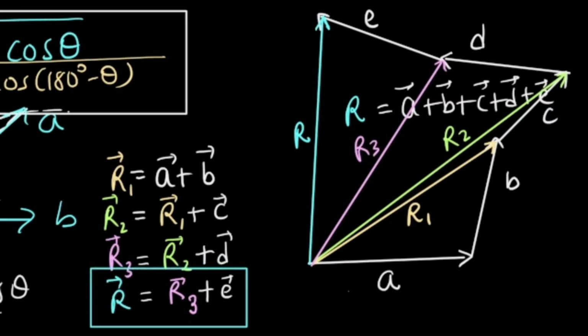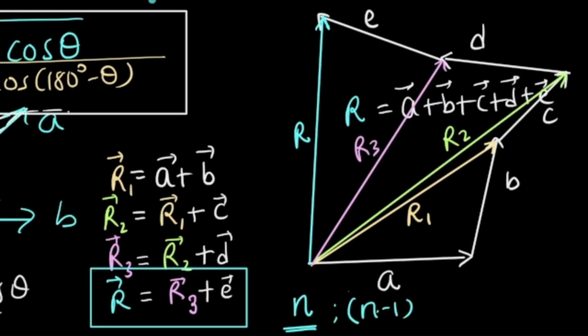So you can see that the Polygon law of vector addition is basically the triangle law done multiple times. If we have n number of vectors that are being added, then the triangle law will be applied n minus 1 number of times to figure out the resultant.